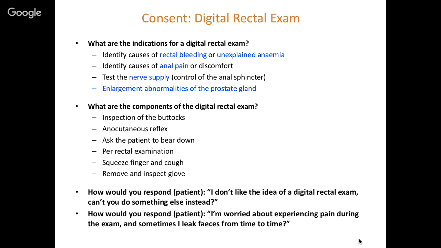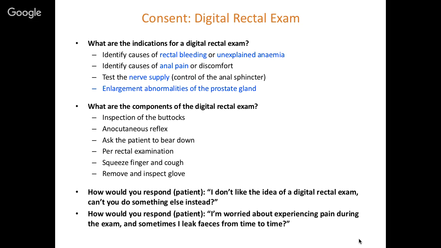These questions could be things like: what are the indications? We'll talk about a few more later, but they could also ask an emotional sort of question. How would you respond to someone who says, I don't like the idea of a digital rectal exam, can't you do something else instead? Any ideas? This is the least invasive test that we have. You can pick up a lot of stuff. The alternatives would be something much longer going in.